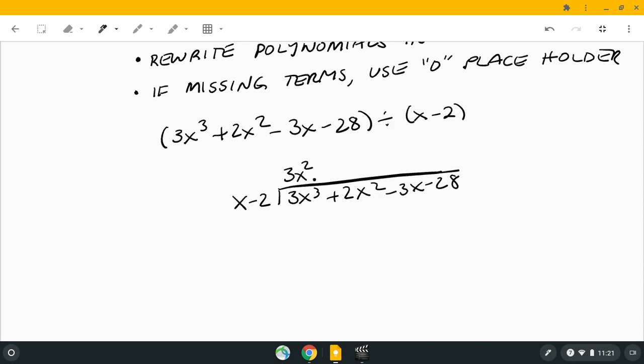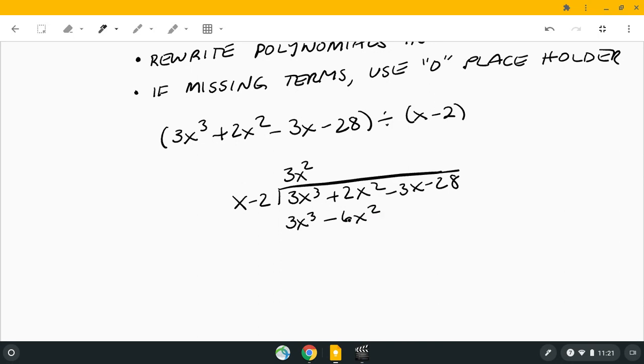When we figure out this number, we ignore the minus 2. But now when we multiply, we multiply this entire polynomial. So 3x squared times x is 3x cubed, and 3x squared times negative 2 is negative 6x squared.